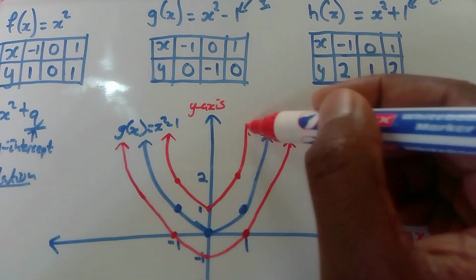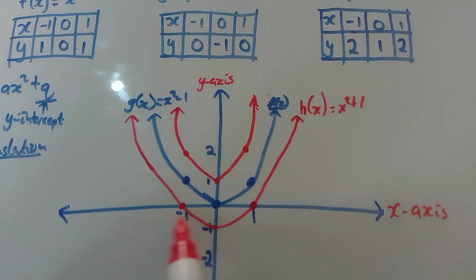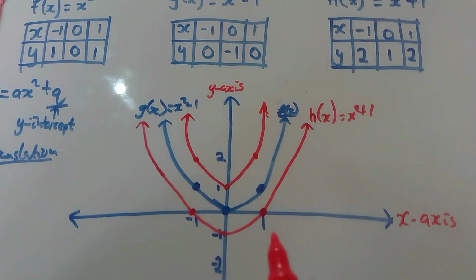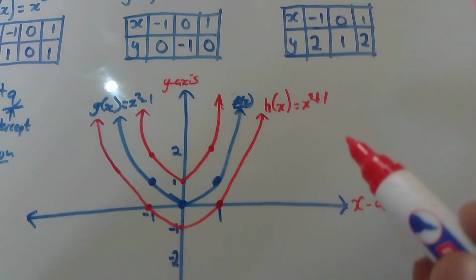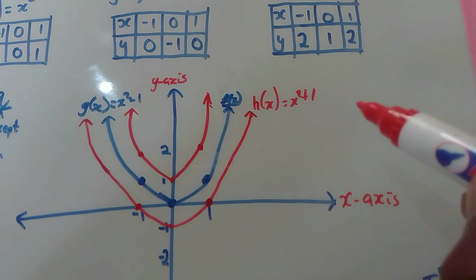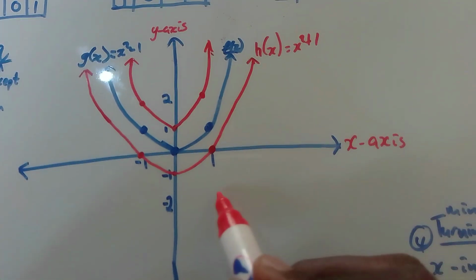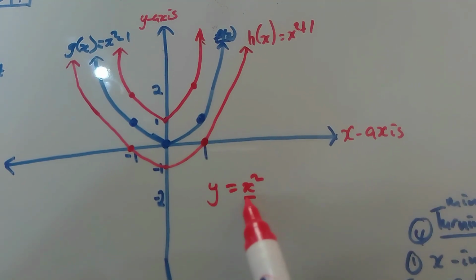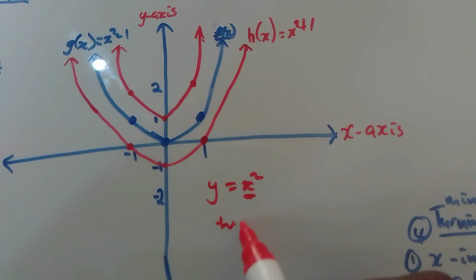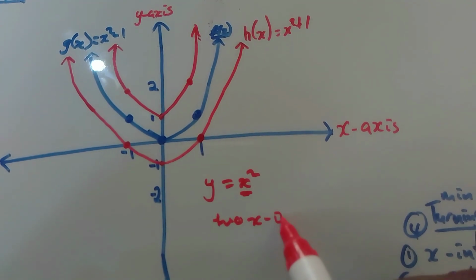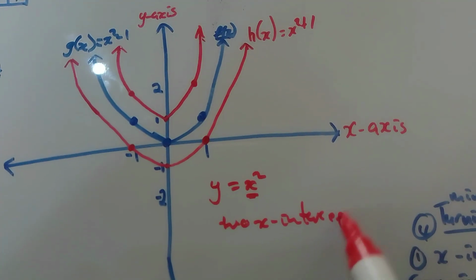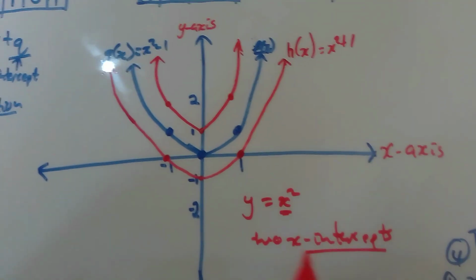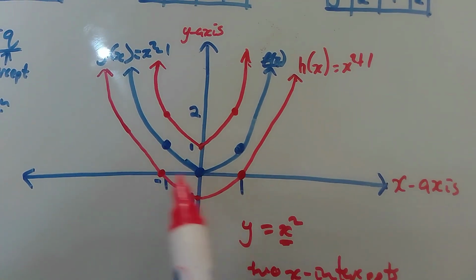At this point, I would like to take the opportunity to remind you that in the first video of the parabola, I said when you've got y equals x squared, it means that you've got 2 x-intercepts. And what are intercepts? Intercepts are where your graph touches the x-axis.